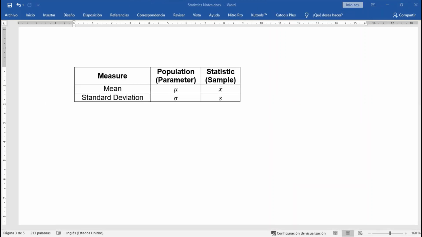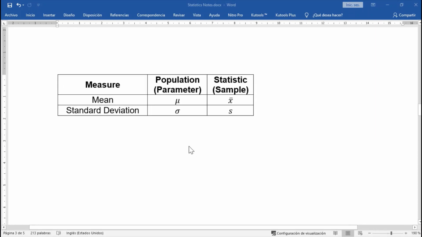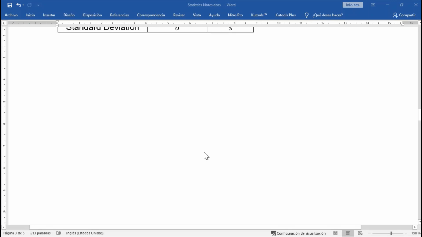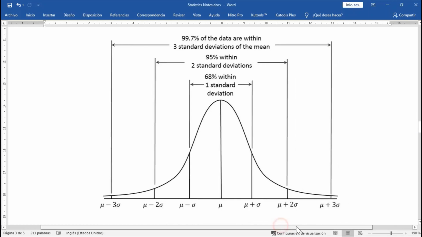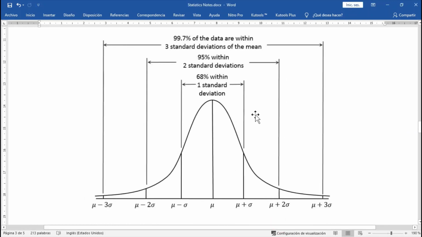Now, I want to show you a graph of how this is represented. So look at this graph. This is a bell, and we are going to assume that the distribution of our data is within or inside this bell. This is the graph of the distribution of our data.